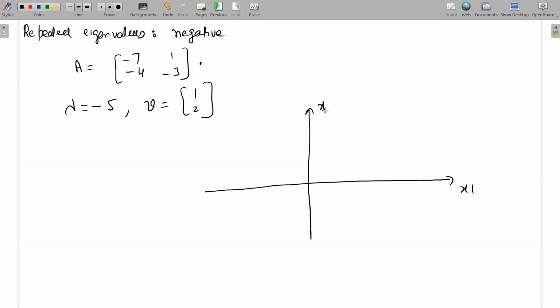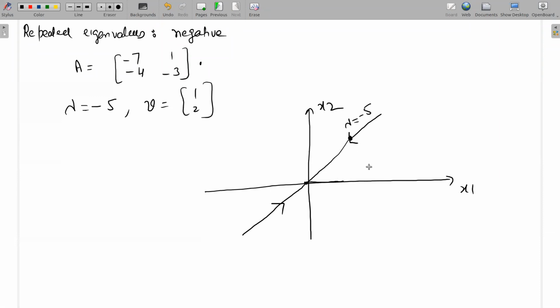This is x1, this is x2. The eigenvector (1, 2) will be somewhere here. So the critical point is the origin, and you are going towards the origin, since lambda equal to -5 is a negative eigenvalue.